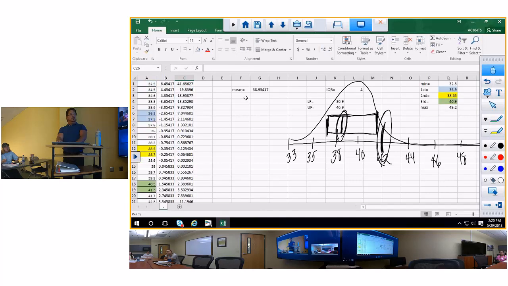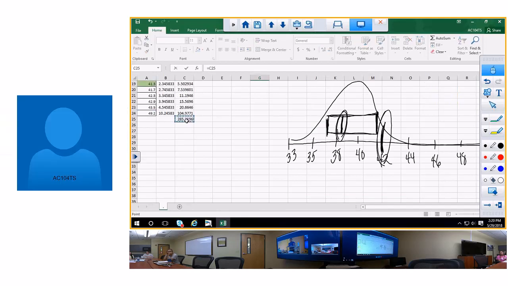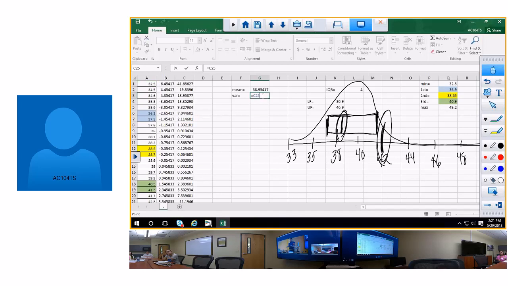Variance equal to this number divided by 23. And then standard deviation is going to be equal to this number raised to the 0.5 power.